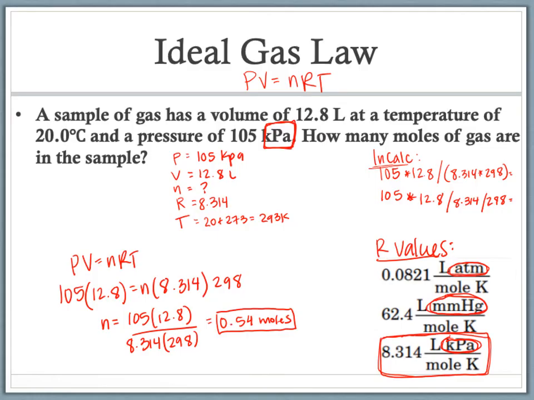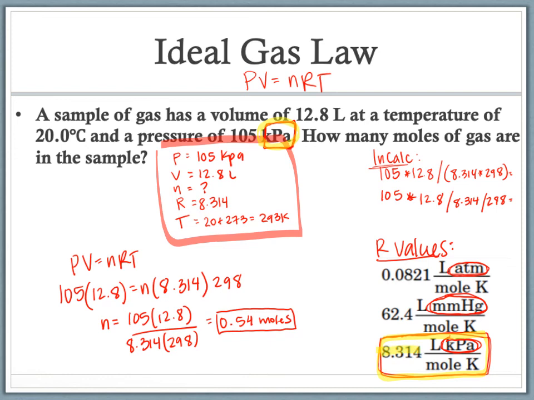First thing we want to do is write down everything that we are given, if that helps you keep track. So we knew the pressure, we knew the volume, we're looking for moles. We pick the R value based on the units of pressure. The units of pressure here were kPa, so that's why we use 8.314.